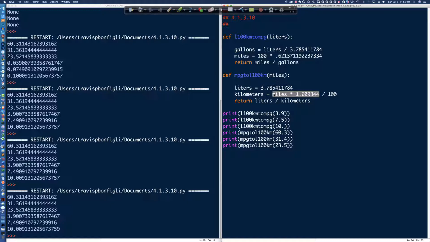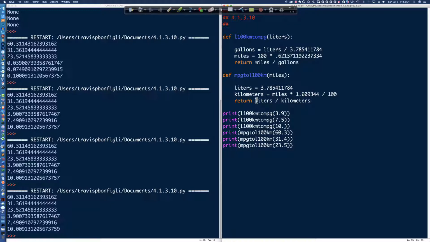So the miles that get passed in would be multiplied by 1.609, keeping in mind that that's going to get us to kilometers. But we're talking about 100 kilometers, liters per 100 kilometers again.